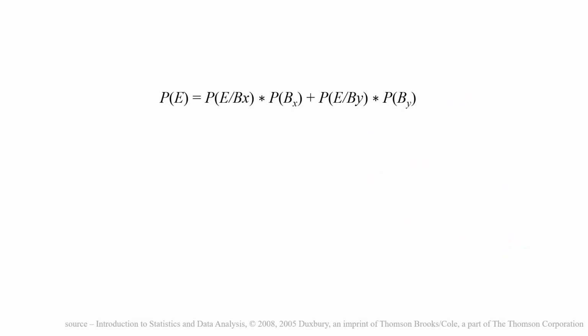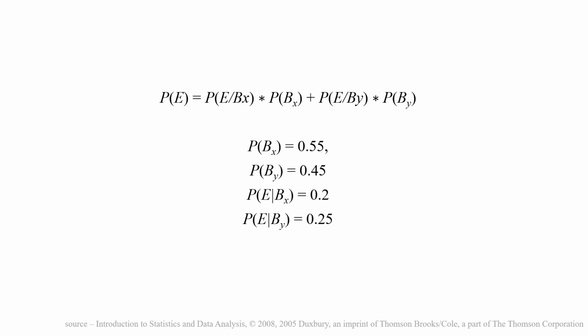Going back to the example that we started with for understanding the law of total probability, the expression for evaluating the probability of the event E that the extended warranty is purchased can be written as probability of E equals probability of E given Bx multiplied by probability of Bx plus probability of E given By multiplied by probability of By.